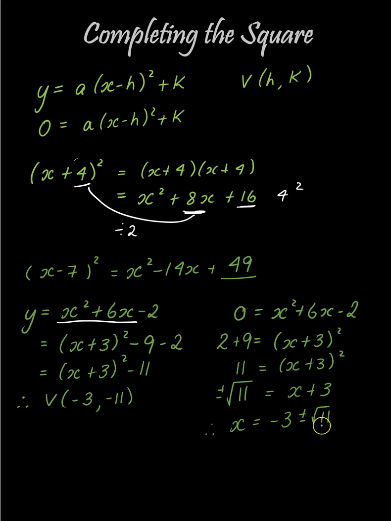And those are your solutions, zeros or x-intercepts to that equation. So it just depends on what the question is asking you. Is it asking you for the vertex, or is it asking you to find the x-intercepts? Obviously, if you do this and this number here on the other side becomes a negative, then you haven't got any x-intercepts because you can't take the square root of a negative number. So just keep that in mind.